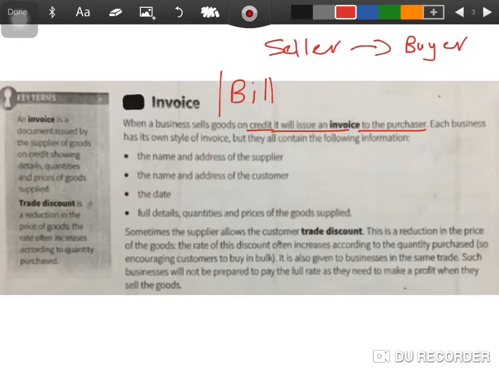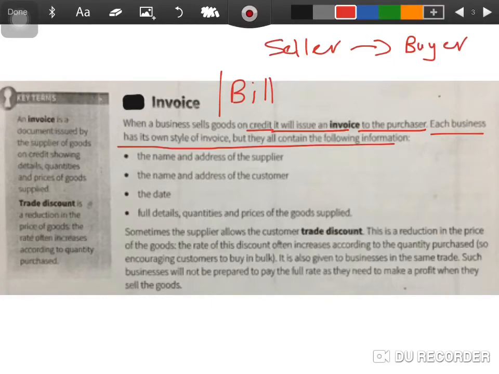Now, each business has its own style of invoice. So for every business, the invoice is going to be different, right? So when you go to Carrefour, obviously the invoice is a little different. When you go to Junaid Jamshed, for example, the invoice is different. So any business you can take the example of, all the businesses have different types of invoices, but usually they contain this information only.